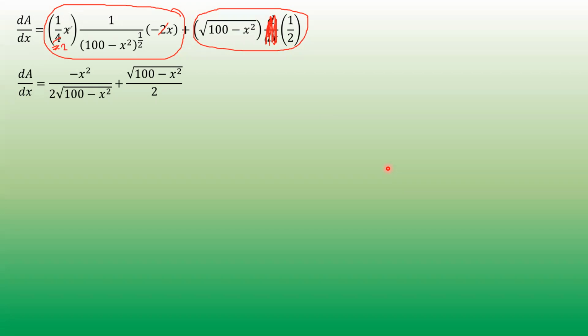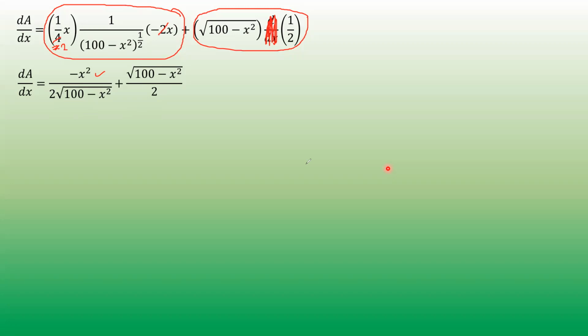Kaya 1 times x is x, times negative x, we have negative x squared. Sa ilalim, 2 na lang na iwan, saka itong 100 minus x squared raised to 1 half na pwede mong gawing square root of 100 minus x squared. So meron tayong 2 square root of 100 minus x squared. Ito naman, taas yung square root, baba yung 2. Kaya square root times 1 is square root of 100 minus x squared all over 2. Yun yung ating simplified form ulit bago tayo mag-equate sa 0.